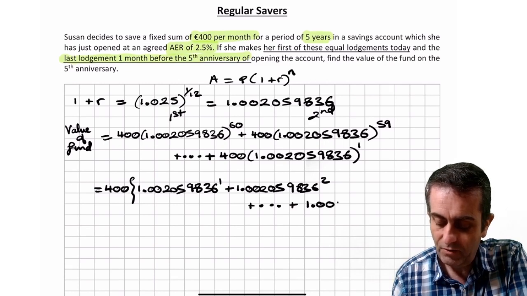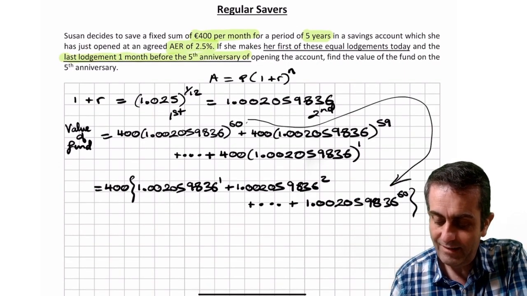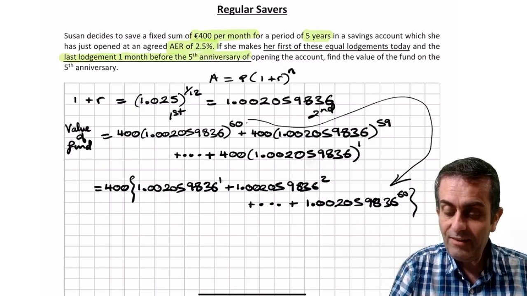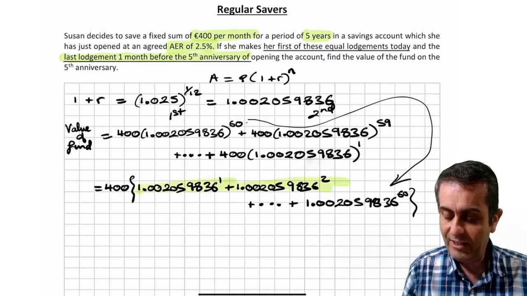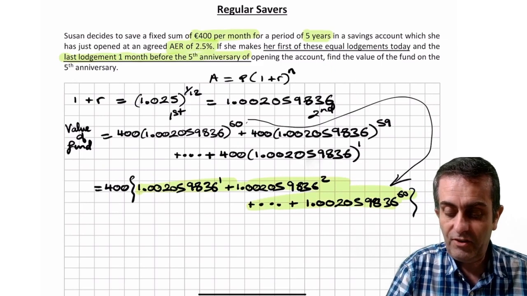So we have 1.002059836, my apologies, 1.002059836, and that's to the power of 60, because remember, the first one is now the last one. Now, if we look inside the curly brackets, we can see very clearly that this is a geometric series.